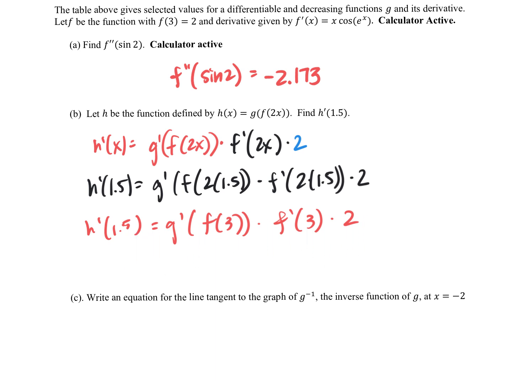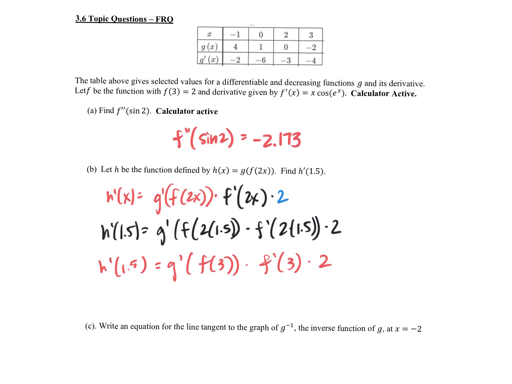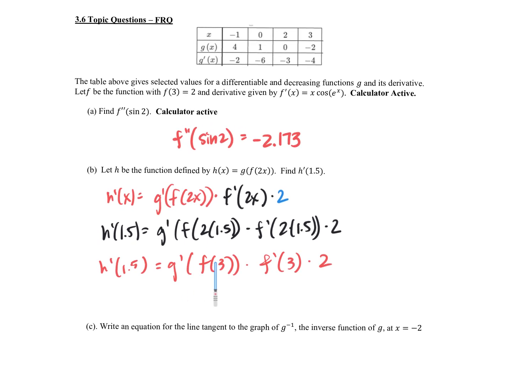G prime, but of what? I'm going to replace this f of 3 with something. This is what we got to attack first. What is f of 3? Do we know? Isn't it 2? Do we have to go further since there's still variables?